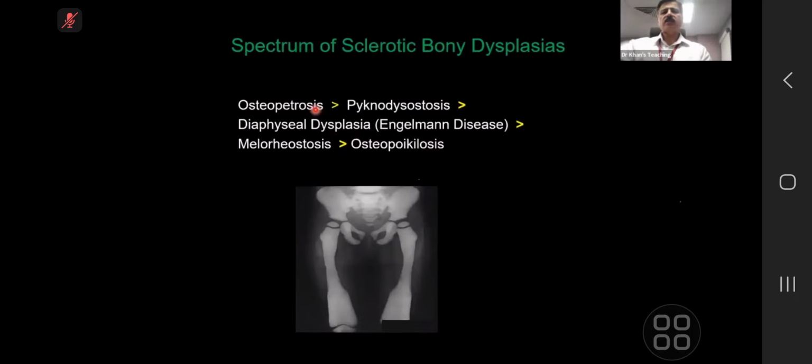This is an exam case, this is an exam case, this is for differential diagnosis, otherwise no. All of them are exam cases in which there is a spectrum of sclerotic bony dysplasia.